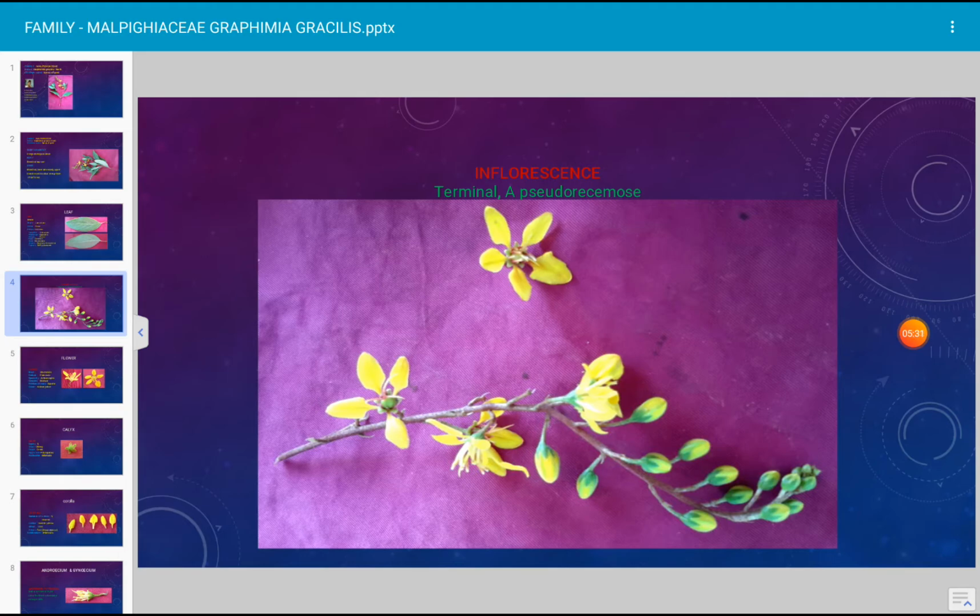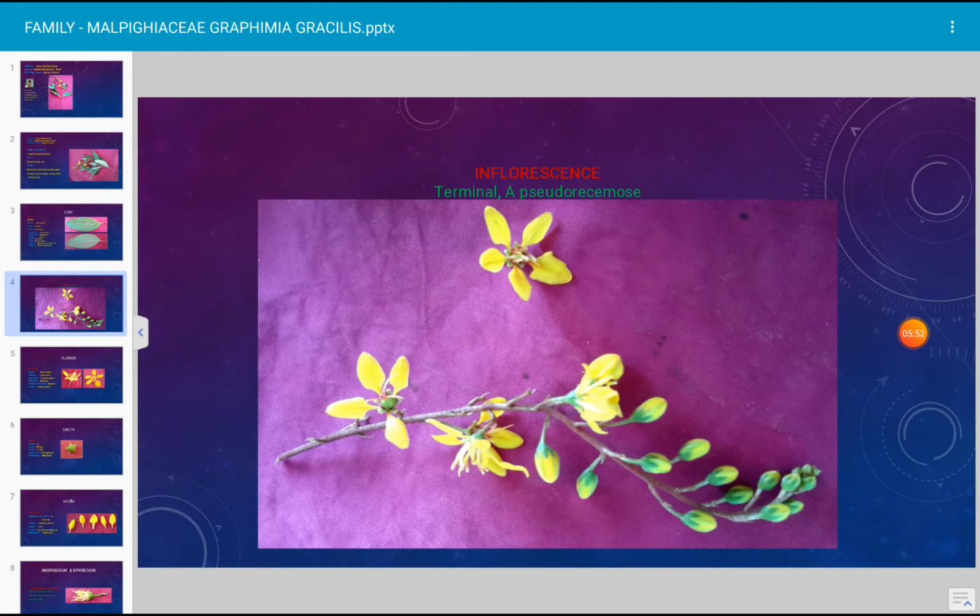Stalks of flowers may have equal length. The tip of shoot grows and produces flowers. This happens in racemose type of inflorescence. Somewhat pseudo racemose type of inflorescence occurs in Galphemia gracilis.